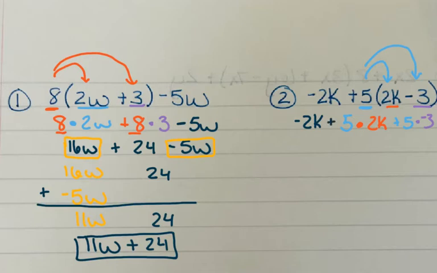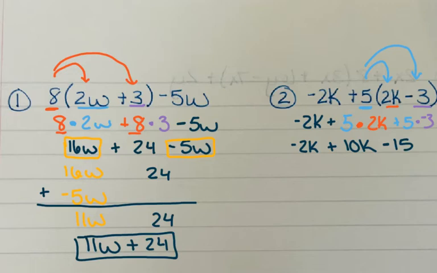So now I'm going to multiply. I've got negative 2k plus 5 times 2 is 10k, plus 5 times a negative 3 is negative 15. Watch those negative signs. They tend to mess us up. So the next thing I need to do is combine like terms.